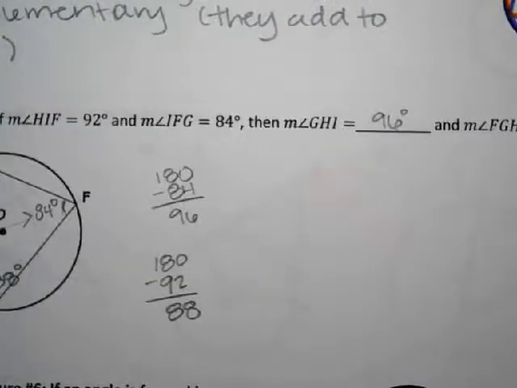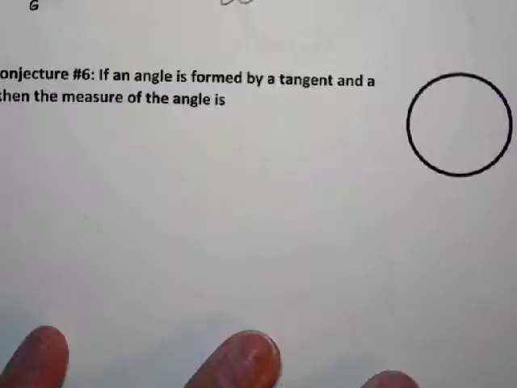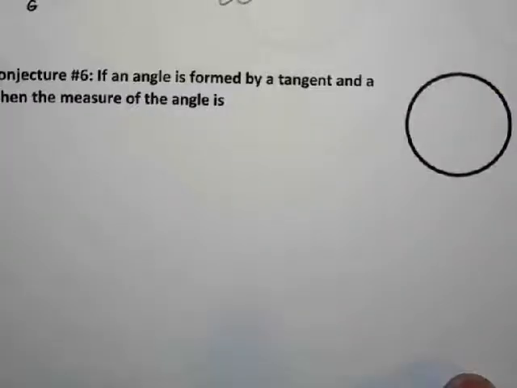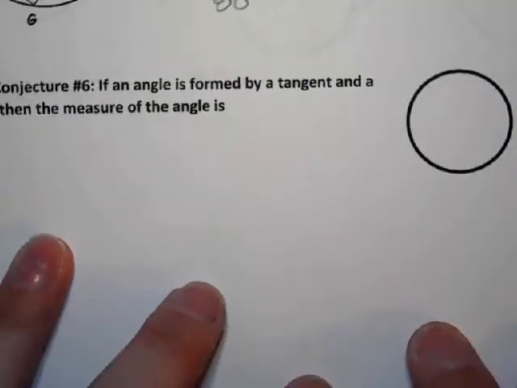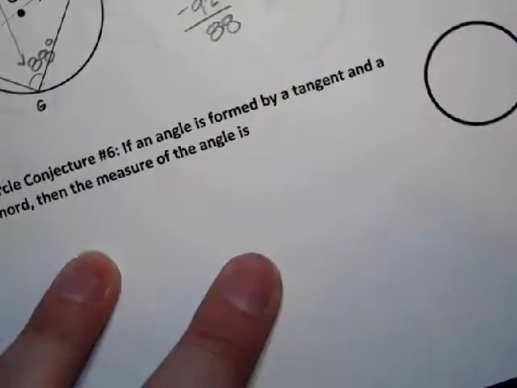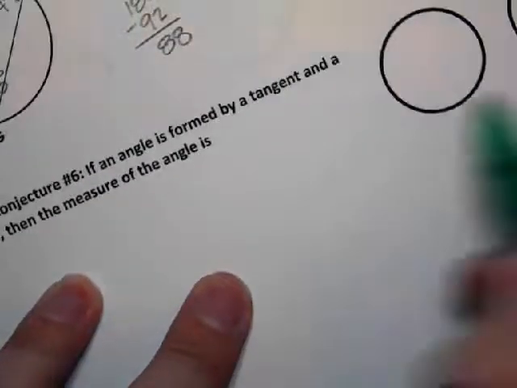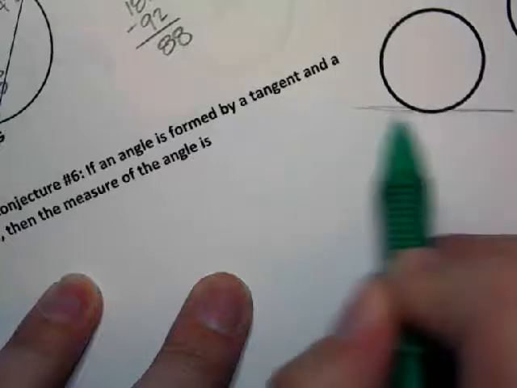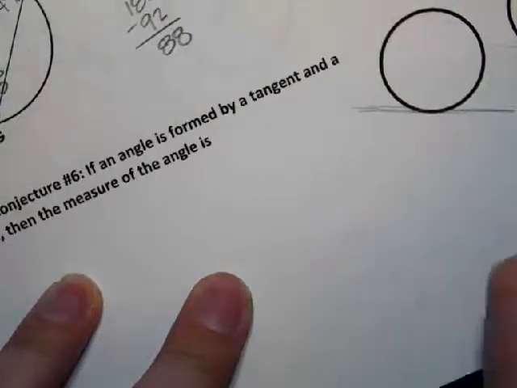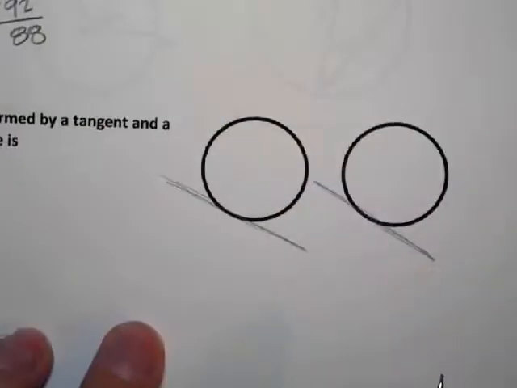If an angle is formed by a tangent and a chord, so we're going to draw the same picture twice so that I can show you the 2 different variations of what it can look like. So here, I'm just going to draw 2 tangent lines kind of the same way. Here's my 2 tangent lines, so I'm just drawing them the same way. See my 2 tangent lines? And then here's my point of tangency.